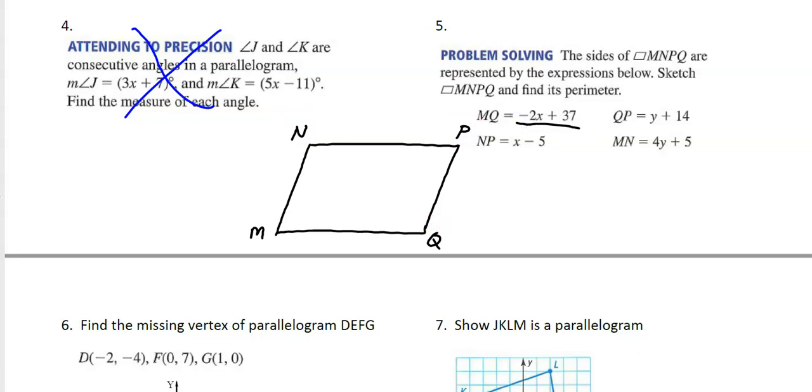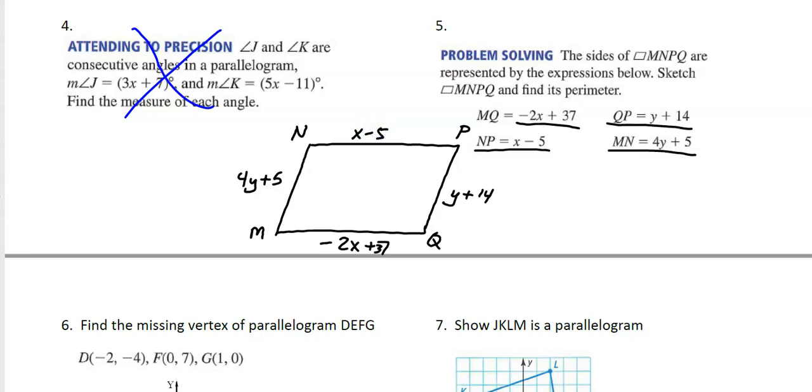So MQ is negative 2x plus 37. And QP is y plus 14. And then MN is 4y plus 5. And then the last one, NP, is x minus 5.